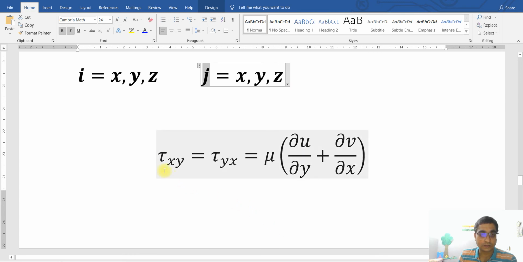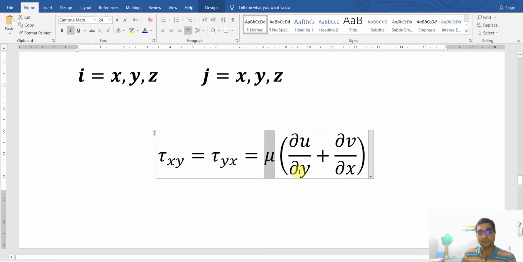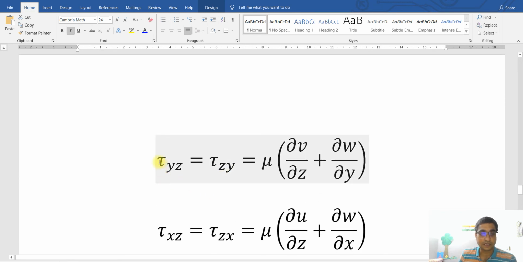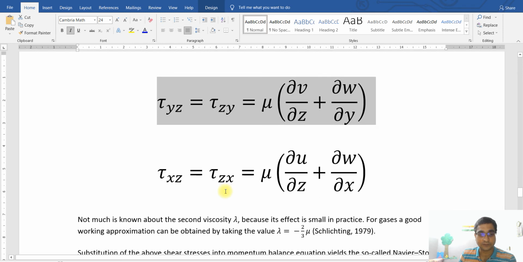So tau_xy equal to tau_yx equal to mu times (∂u/∂y plus ∂v/∂x), meaning the gradient of velocity u in the y direction and the gradient of velocity v in the x direction. Keep in mind that this is an interesting phenomenon, and similarly for the other planes and directions you can write it in this way.